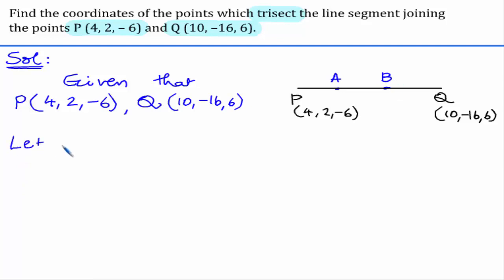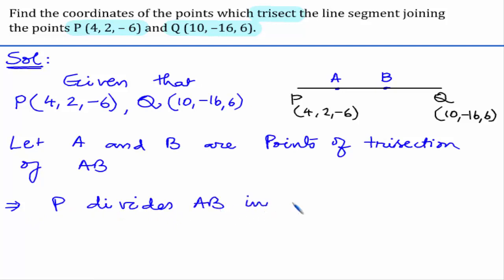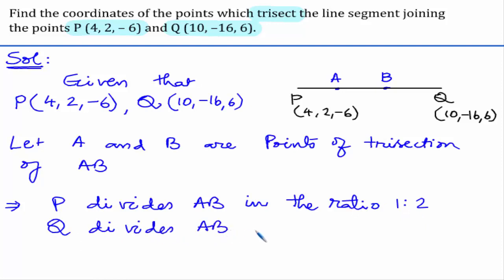Now let A and B be the points of trisection of PQ. That implies A divides PQ in the ratio 1:2 and B divides PQ in the ratio 2:1.